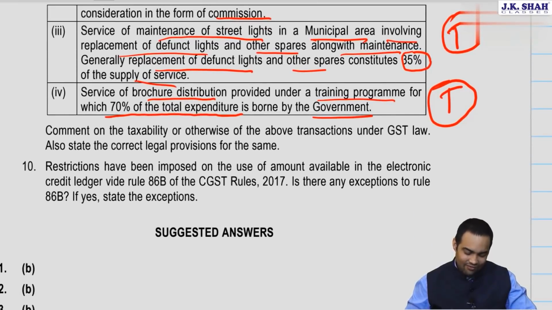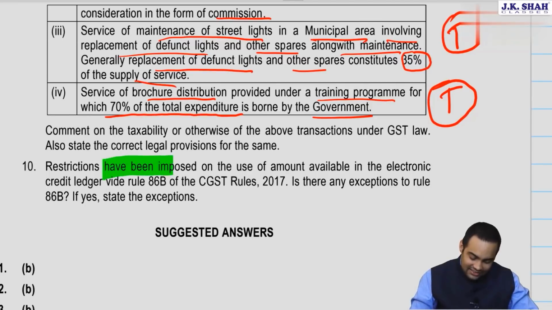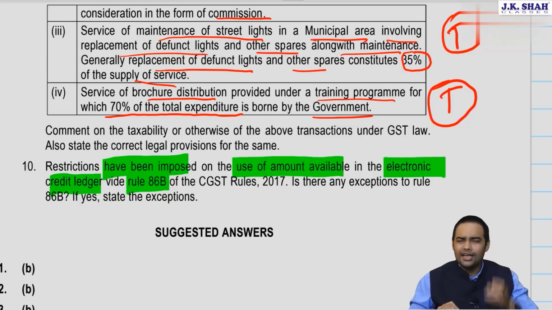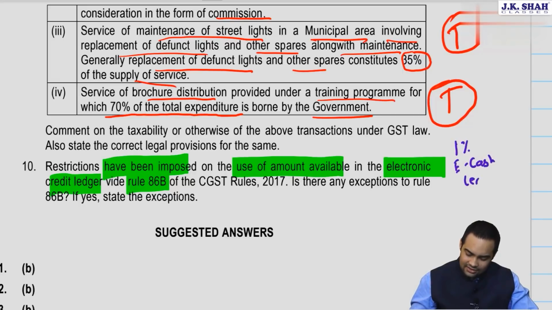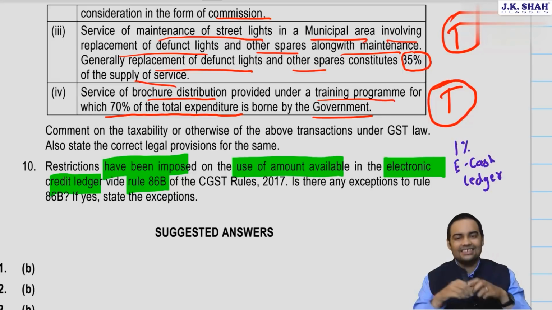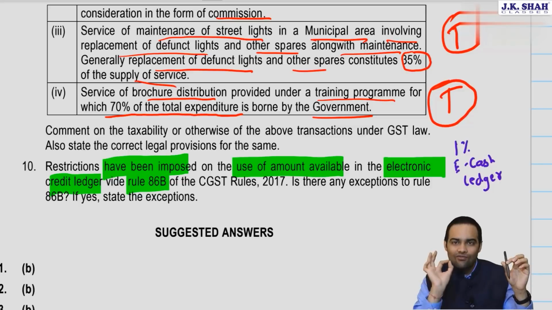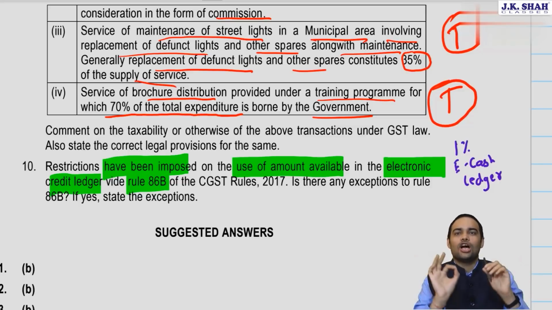Okay. We have come to the last one, which is a theory based question. Restrictions have been imposed on use of amount available in e-credit ledger via Rule 86B. 86B is a restriction where 1% has to be paid through e-cash ledger, because the law restricts usage of e-credit ledger in excess of 99% of your output tax.